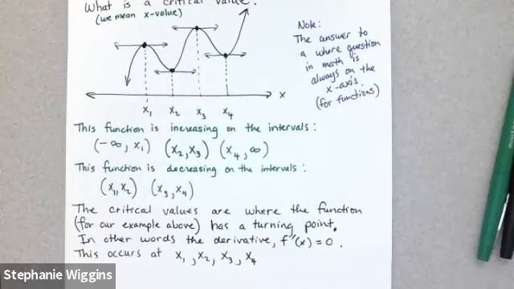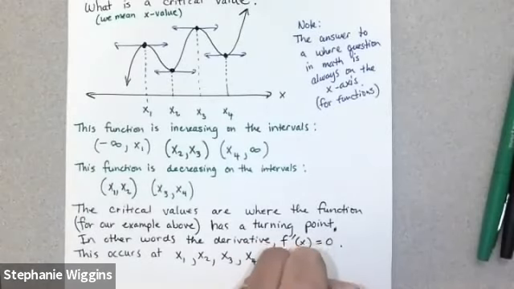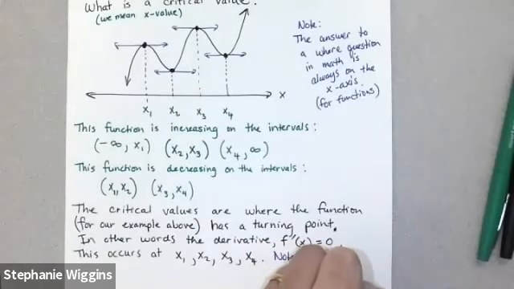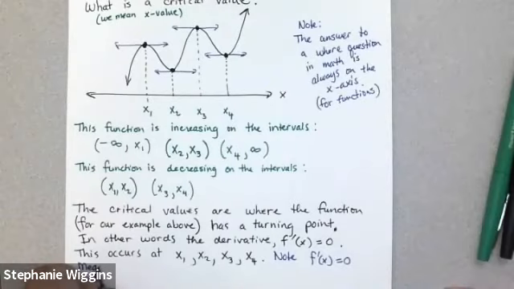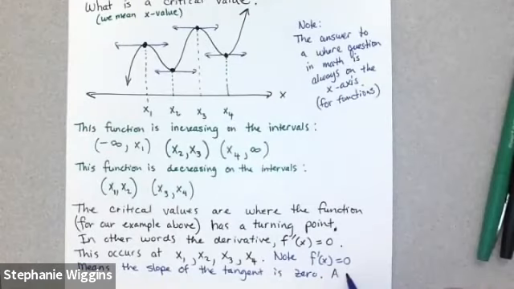So let me write that down. Note f prime of x equals 0 means the slope of the tangent is 0, and a slope 0 means that you have a horizontal line.